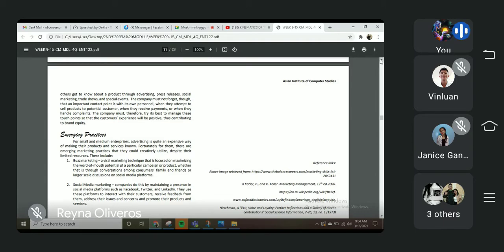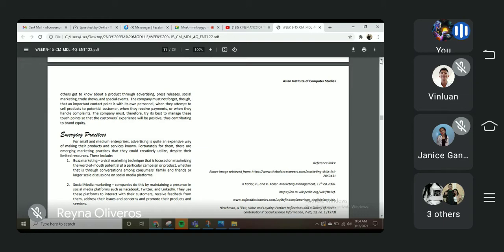Kasi it is very important that you hit the satisfaction of your consumer. Kasi sila yung makakatulong sa'yo para ma-promote yung product mo, para ma-refer ka sa iba, makakuha ng ibang consumer. Yun yung buzz marketing na tinatawag.